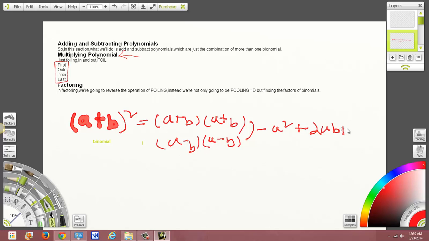Then b times b is b squared, so we're going to write plus b squared. What is this called? This is called, I'm not sure, perfect square trinomials. Okay, so I'm just going to write that down.